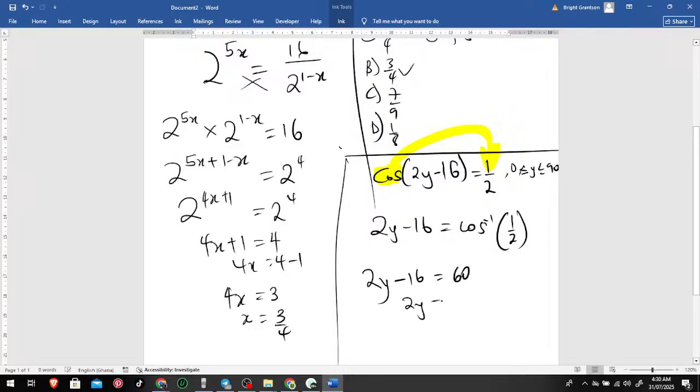And 2y becomes 60 plus 16. 2y will become 76. Divide both sides by 2. 2 into 76 is 38 degrees. Please, do we get it? Yes. Okay.